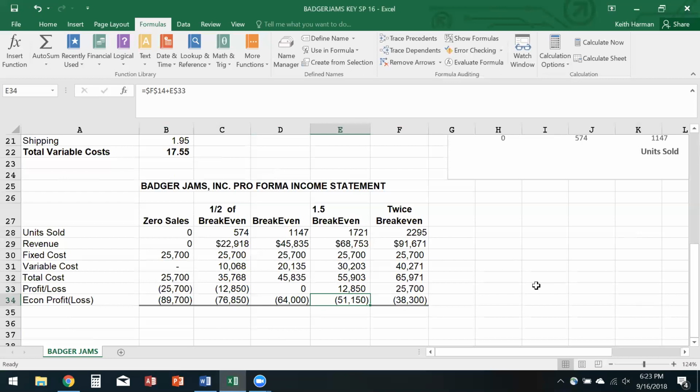All right. Then finally, we have our dream scenario, and that is we sell twice as much of the stuff as we think we're going to sell. Hallelujah, we're in the money. Well, kind of. Notice something interesting here. At twice break even, guess how much profit we made? $25,700.